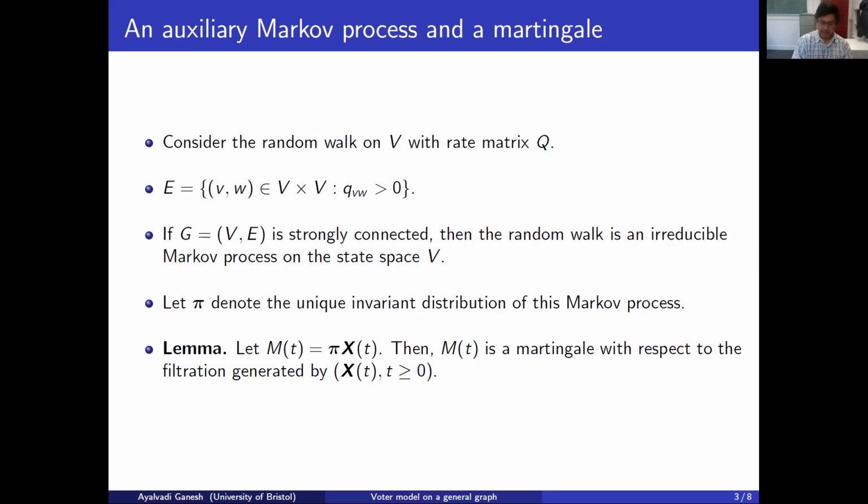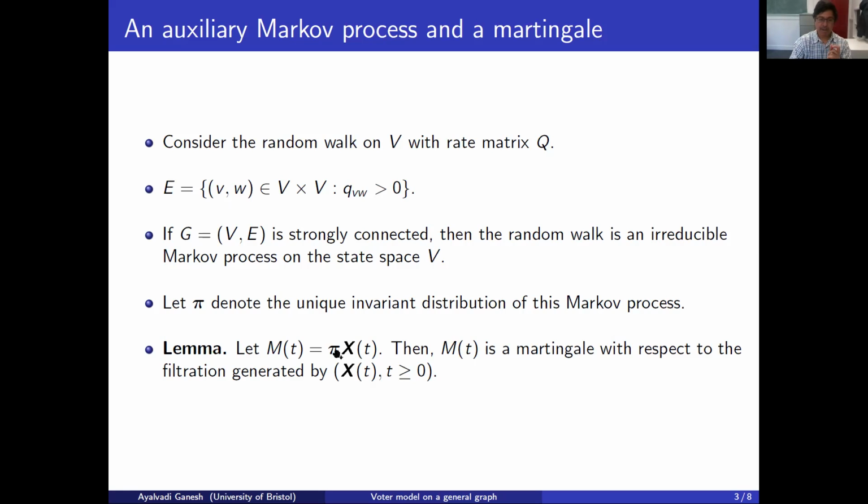So pi is again a vector indexed by the vertex set. Now this is a vector whose elements are non-negative and they add up to 1. It's a probability distribution on the vertex set. And you should think of pi as a row vector. You should think of the configuration at any time t, which we denote by boldface x of t, as a column vector.